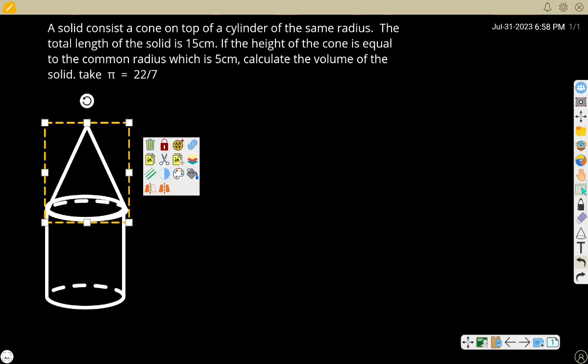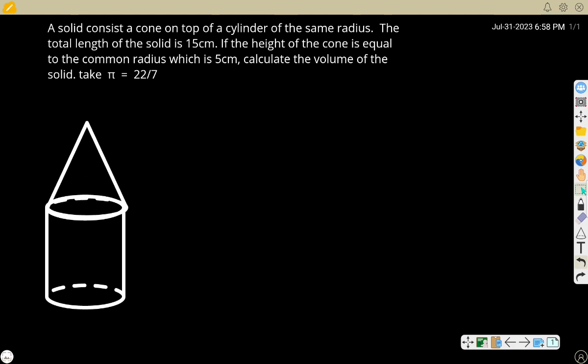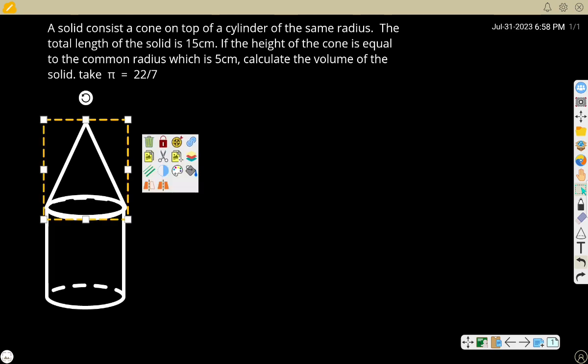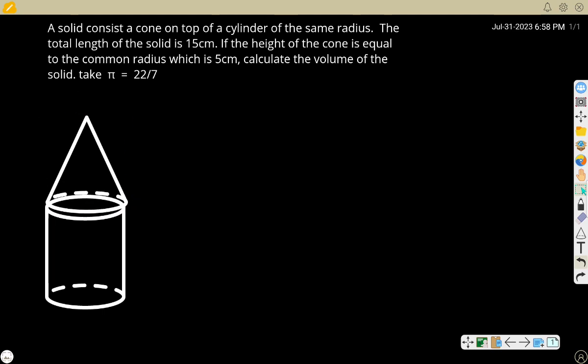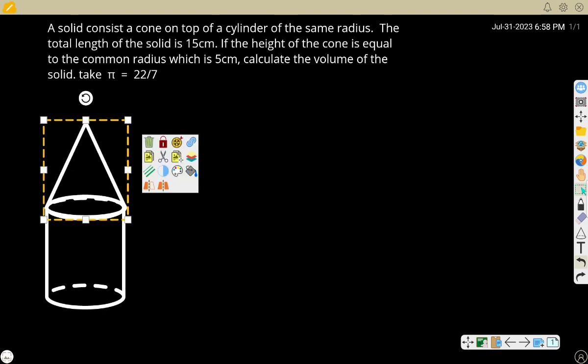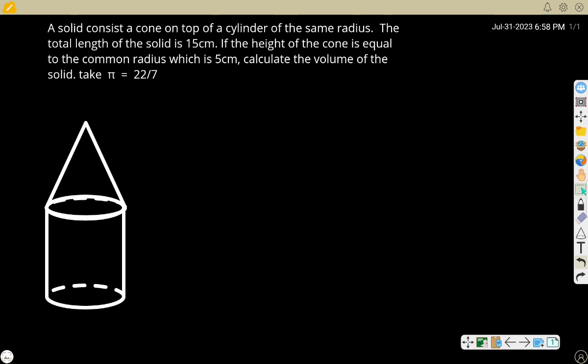So let's say this is the composite solid, that is two or more solids together. I don't want the dotted line to show. Okay, let's leave it this way.